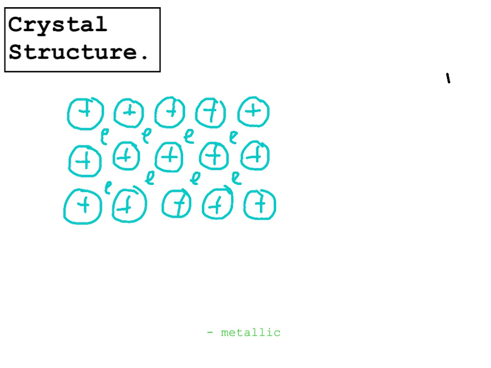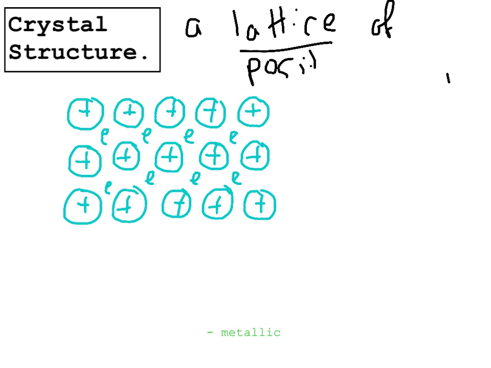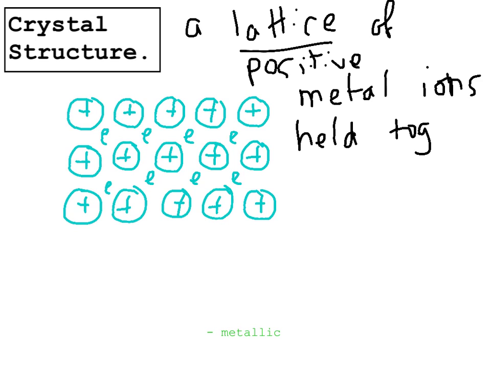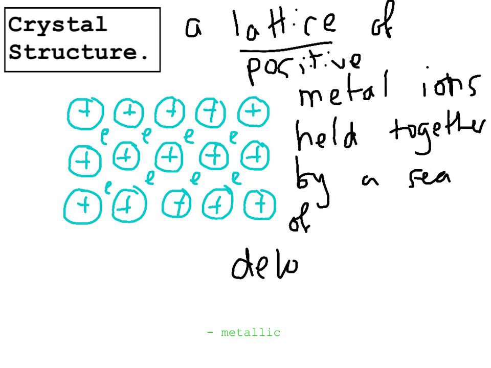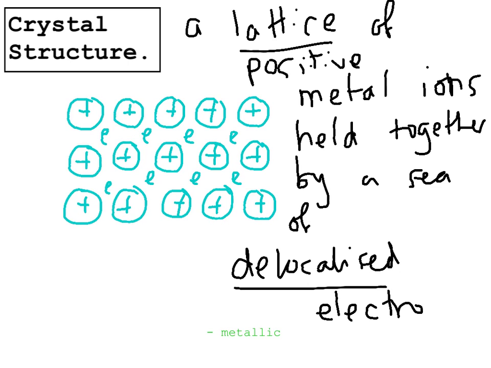So metallic bonding can be described as a lattice, and that's one new word, a lattice of positive metal ions held together by a sea of delocalized, and that's the second new word that you may not have used at GCSE, a sea of delocalized electrons, and that will get you all the marks for a definition.